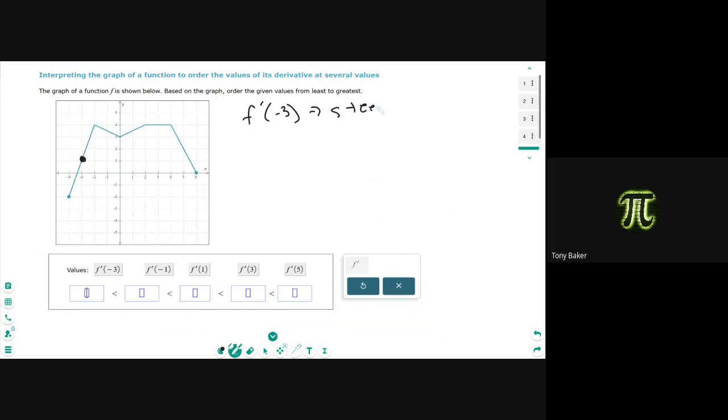Steep. What else? Positive. This is going up. Okay. So here's the problem with trying to figure out that. How did you get up 3/1?